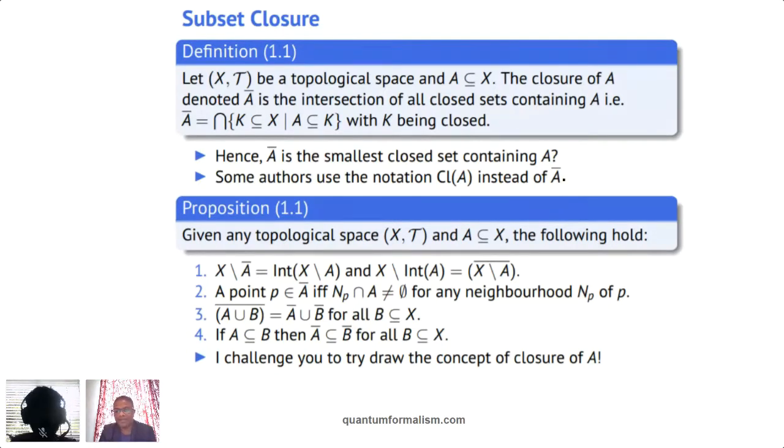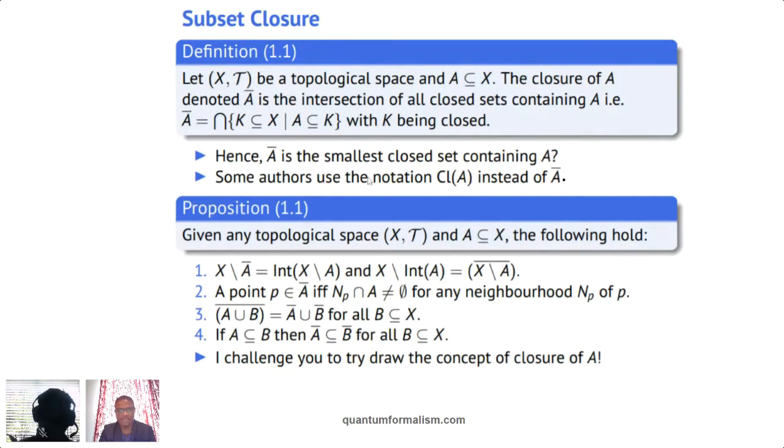Whereas the interior was the union of the open sets contained in A, the closure is the intersection of all closed sets that contain the subset A. More formally, it's something like this. So indeed it's the smallest closed set containing A.